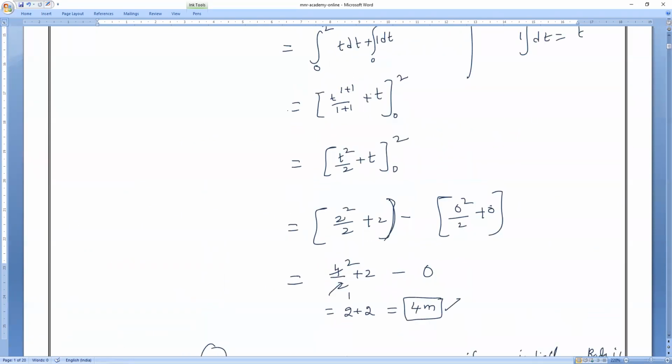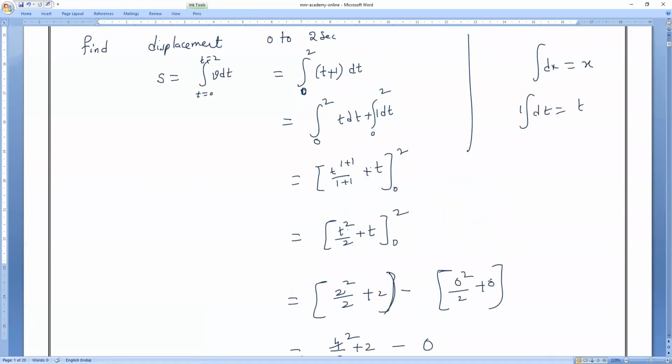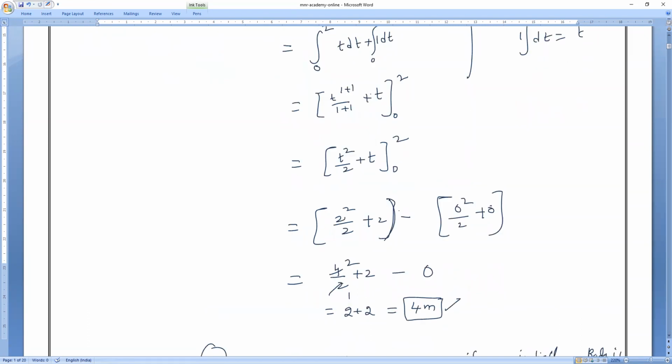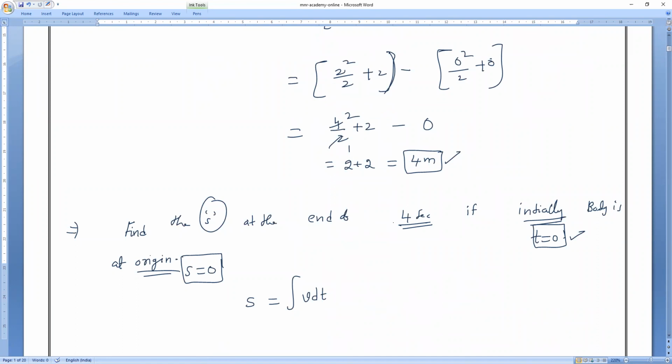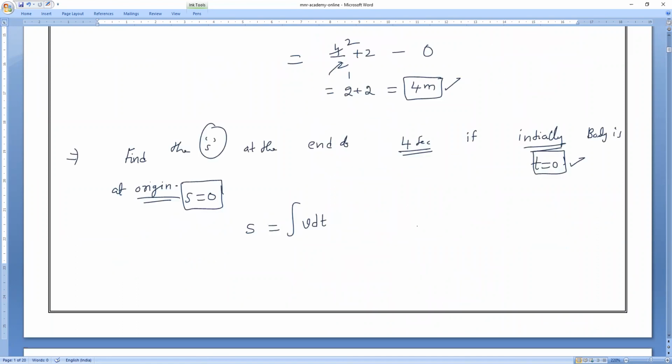S is equal to t square by 2 plus t. Here no limits are mentioned, so it is indefinite. Clear?